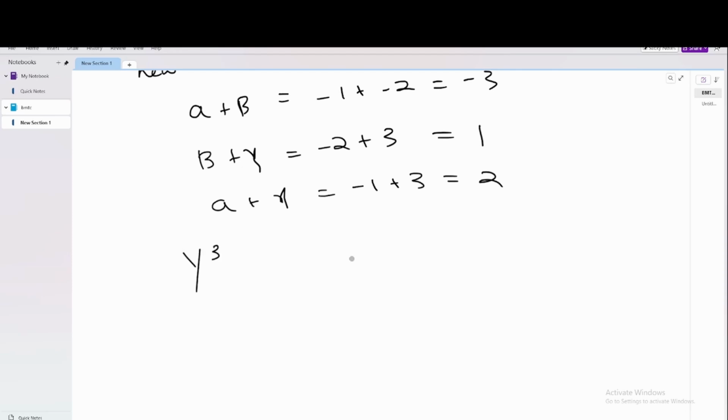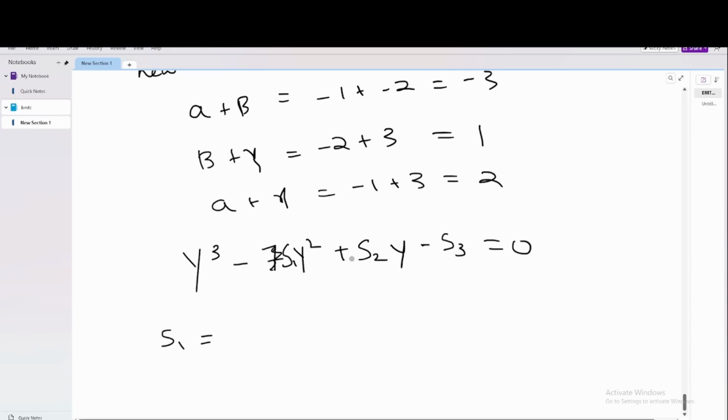y cube minus S1 y square plus S2 y minus S3 is equal to 0.